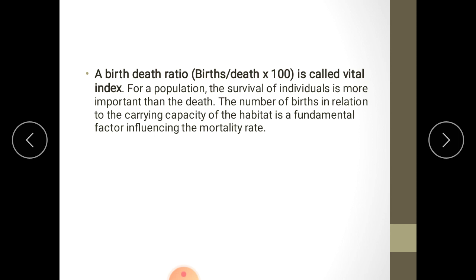So this is called competition for survival, struggle for existence. Individuals fight among themselves to survive. So weaker individuals die, stronger individuals survive. So the carrying capacity of a habitat is very important in influencing the mortality rate. So this is about the birth and death ratio.